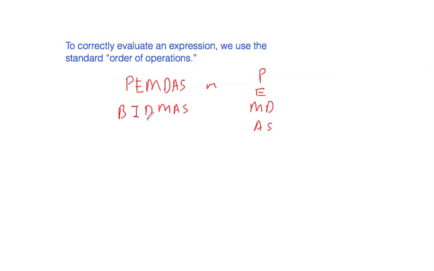It doesn't matter whether division and multiplication are exchanged, because they are on the same level of operation, so they happen left to right.